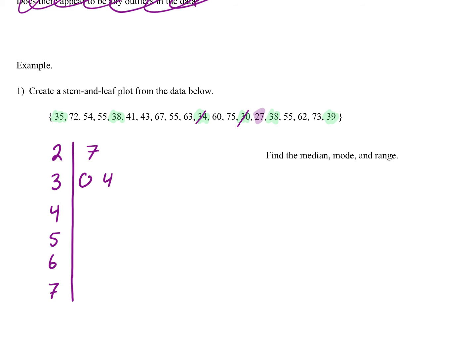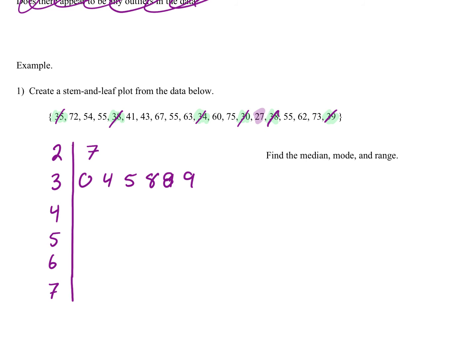Then a 34, then a 35, 38, and 39. I think I missed one. Oh, that's right, I missed a second 38. So I'm going to turn that one into my second 38, and then I have my 39. That's why it's important to highlight or circle, so you can find, oh, I missed one. I didn't do all of them. All right.